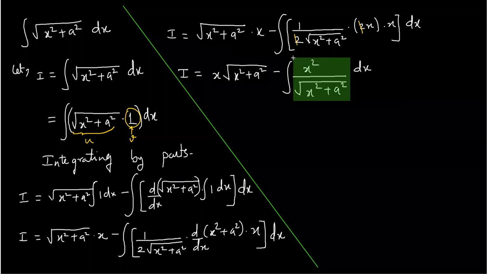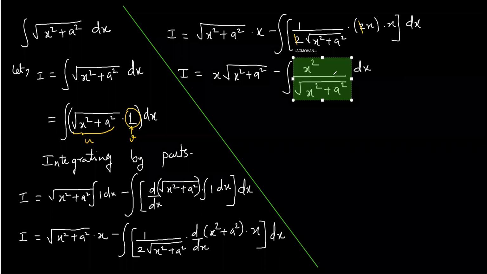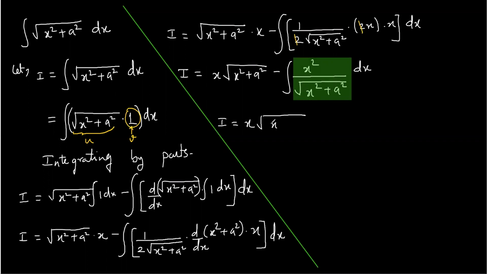For this, once again, we will use the technique of transformation. We have to see this one is to be integrated. I do not have any direct result for this. So I will use the transformation technique. That is, I will transform this into a form where I can apply the results which are known to me. So here I have I equals x square root of x square plus a square minus integral.